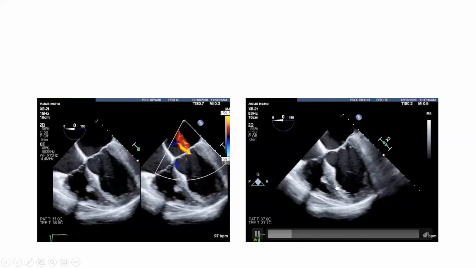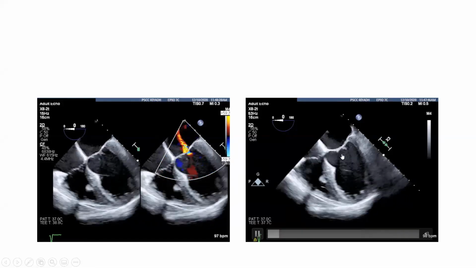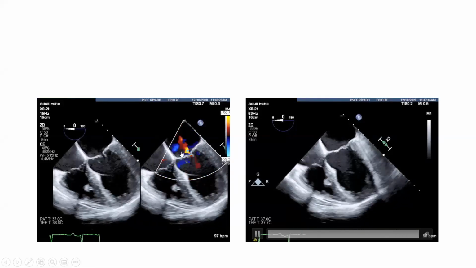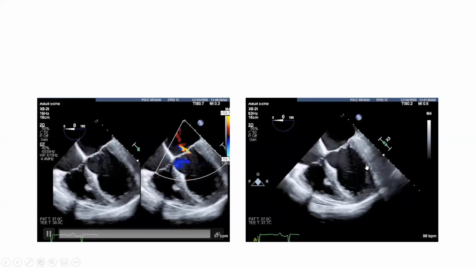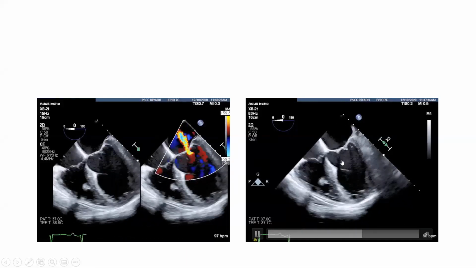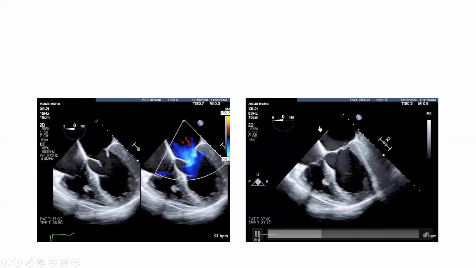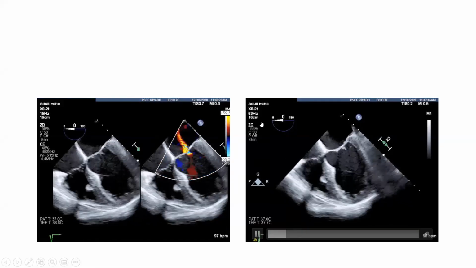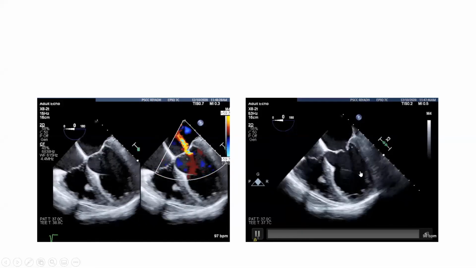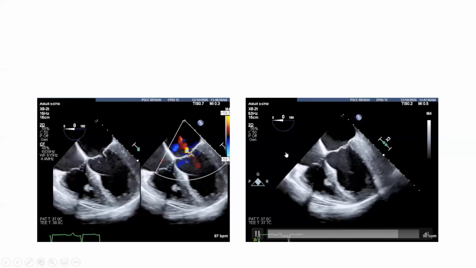This patient was assessed for a clip. You can find there is some mitral regurgitation here, but I'm stressing the view. So 4-chamber at 0 degrees, this is the left side, this is the right side.